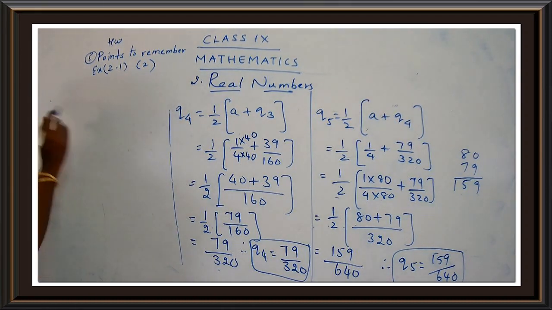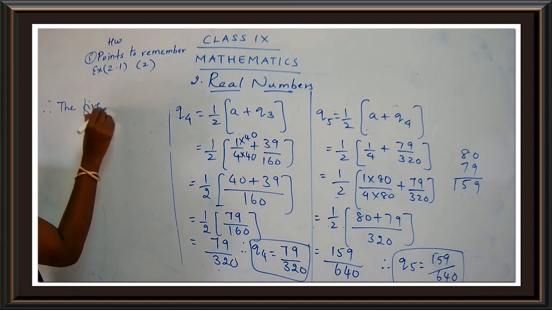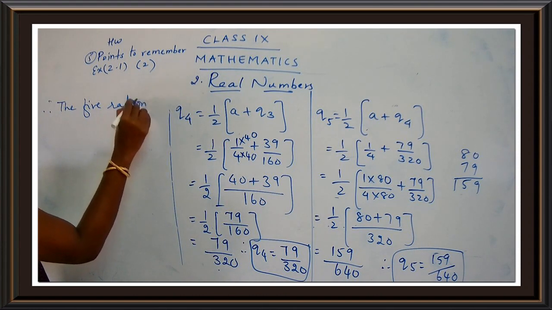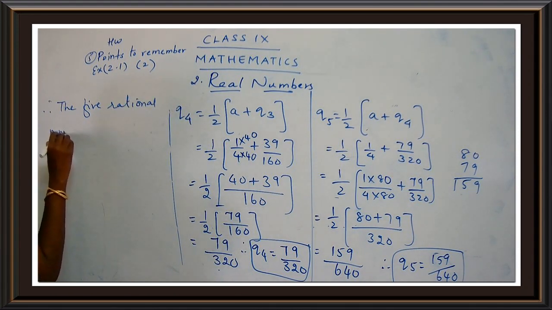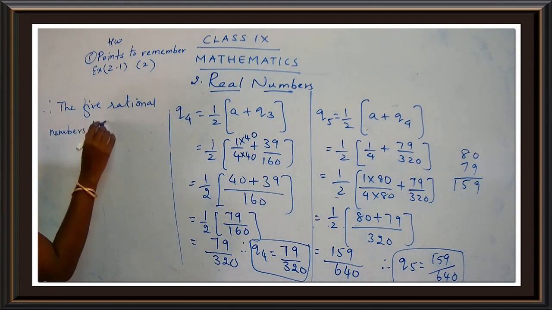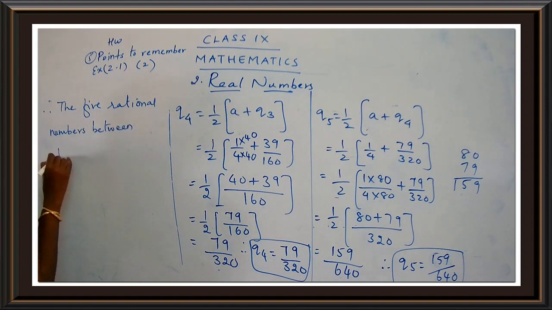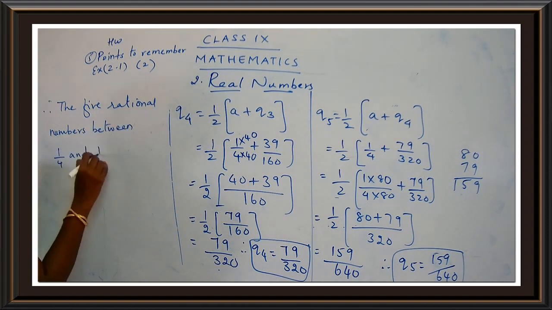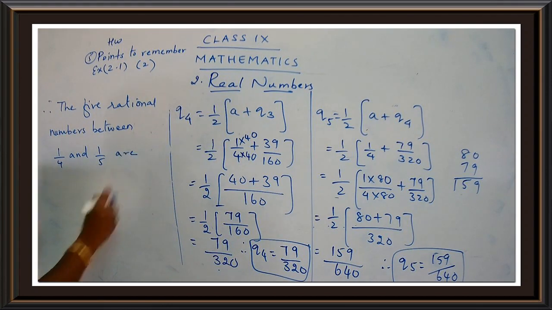This is one of the ways we have used to find the rational numbers. Therefore, the 5 rational numbers between 1 by 4 and 1 by 5 are.